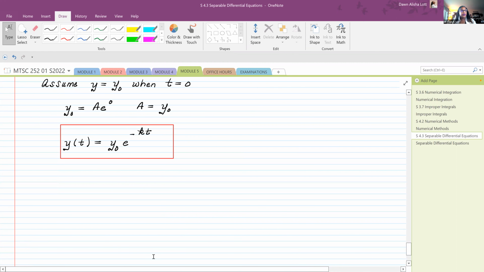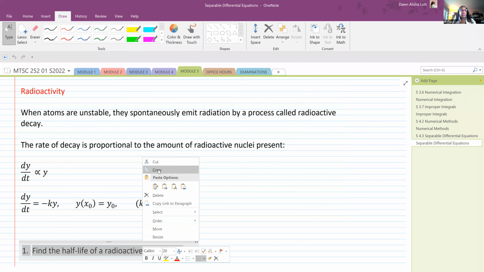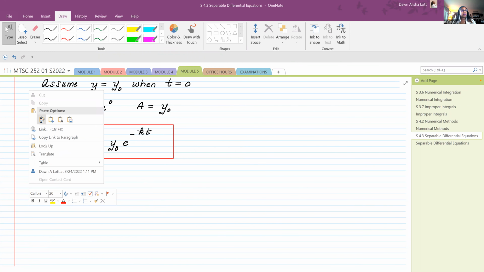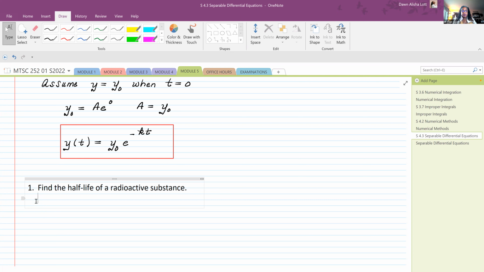All right, so first question, find the half-life. Whoa, what does that mean? Okay, so when we want to find the half-life of a material, that means we want to find at what time is half of the material present, or half the material has decayed and only half the material is left.